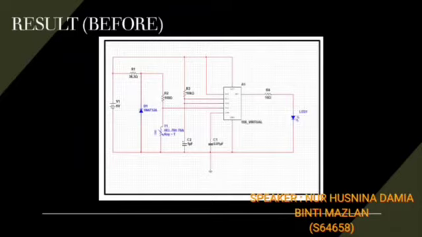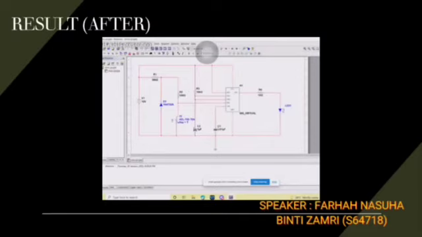Okay, so let's see after the run. This circuit is operated using a 12-volt battery. The battery voltage is regulated using the zener diode, which produces a constant voltage. Initially, as current flows through the RTD, it heats up and its temperature increases, thereby increasing its resistance.